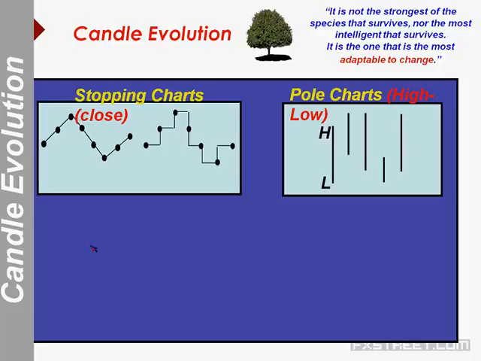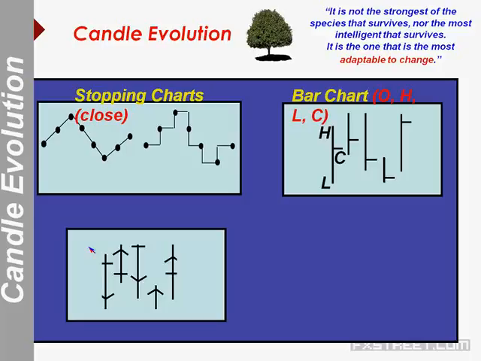just because it kind of looked like a pole, a flagpole, if you will. And the data there, they would look at the high and the low. They actually dropped the closing price for some reason, and they were just looking at the extremes of the day: what the lowest price was, what the highest price was. Then, of course, they decided, wait a second, let's put the closing price in so we know where the real commitment was in the market, where people decided to end the trading session.